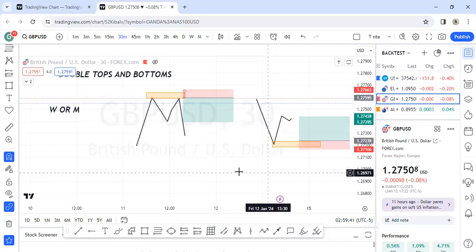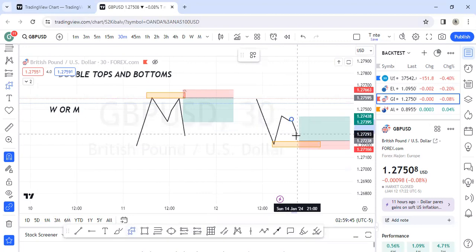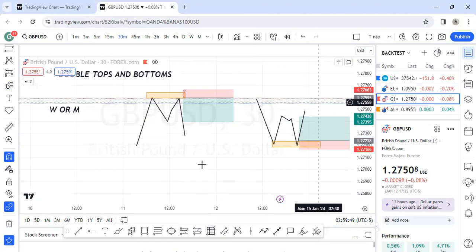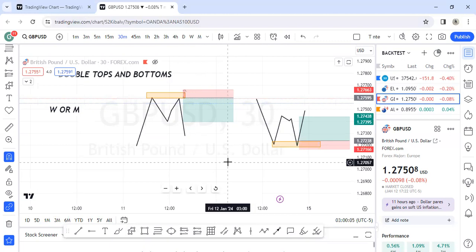They expect the market to come to that double bottom area and then buy off, right? This is what a double bottom trader is expecting. So this is the whole logic behind double top and double bottoms. It's a pattern they have been taught to follow in the market. Once they see the market giving that double top or that double bottom, they are looking at taking the trade, a buy and a sell.